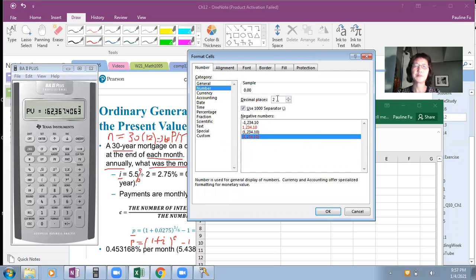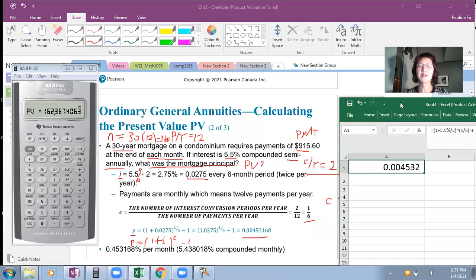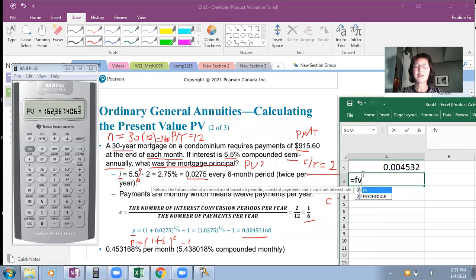Maybe just the number, I'm going to use maybe 6 decimal places. So this is the interest rate. And now use the PV function, present value.